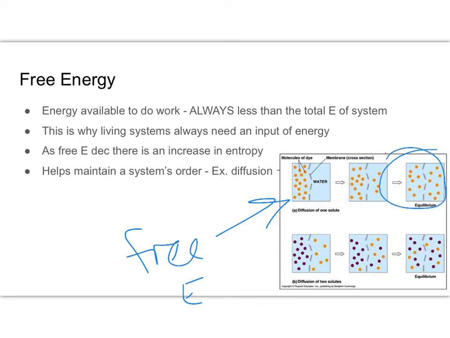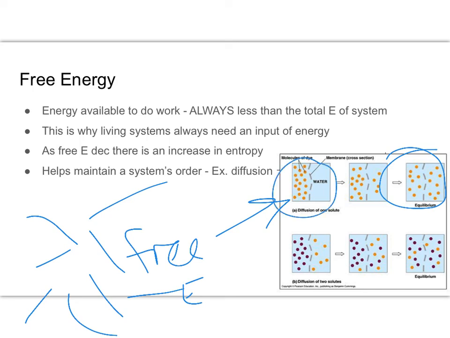Well, as they move from that high concentration to a low concentration, I have an increase in the disorder, right? Those molecules are moving around more. They have more space to do whatever they want. So I actually have an increase in disorder because my concentration has gone down. And then that gives me a decrease in my free energy.